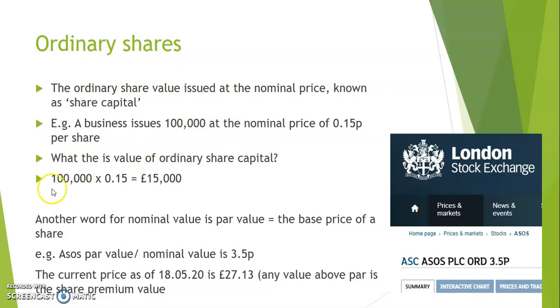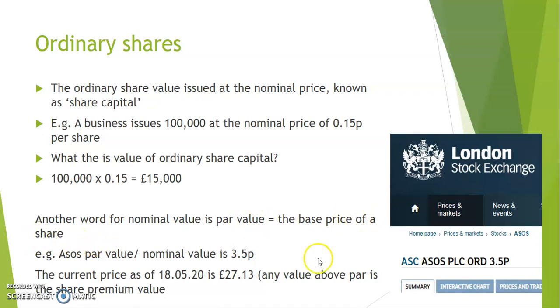So they've sold 100,000 at 15p, which means they will receive £15,000 of investment, and that is known as ordinary share capital. That's all ordinary shares are. It is shares that are sold at the base price, the nominal price, or par value. Another word for nominal value is par value, the base price of a share.